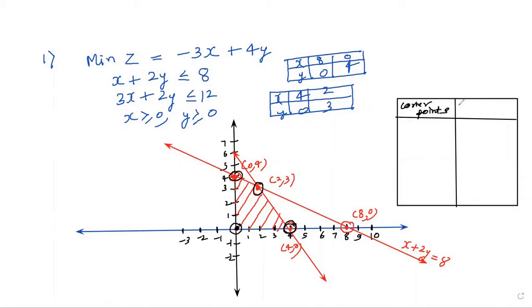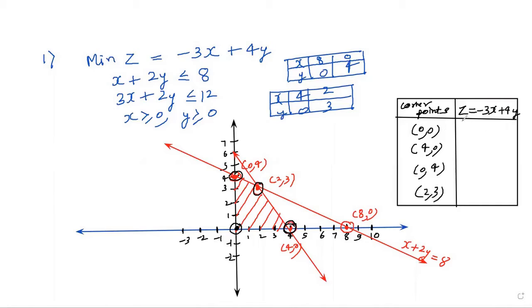Let's see how we get the final optimal solution. And write the linear function here, which is z equals minus 3x plus 4y. Don't write maximize or minimize here, just the linear function. The corner points that we have got, we'll write them here one by one. So it's 0, 0, then 4, 0, then 0, 4, and then 2, 3.